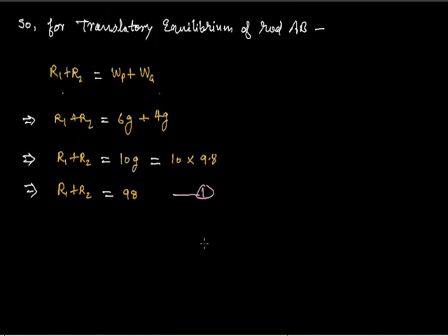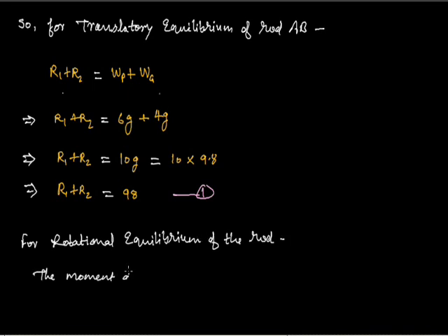Now since the rod is also in rotational equilibrium, so for rotational equilibrium of the rod, the moment of R1 and WP with respect to G point is anticlockwise.